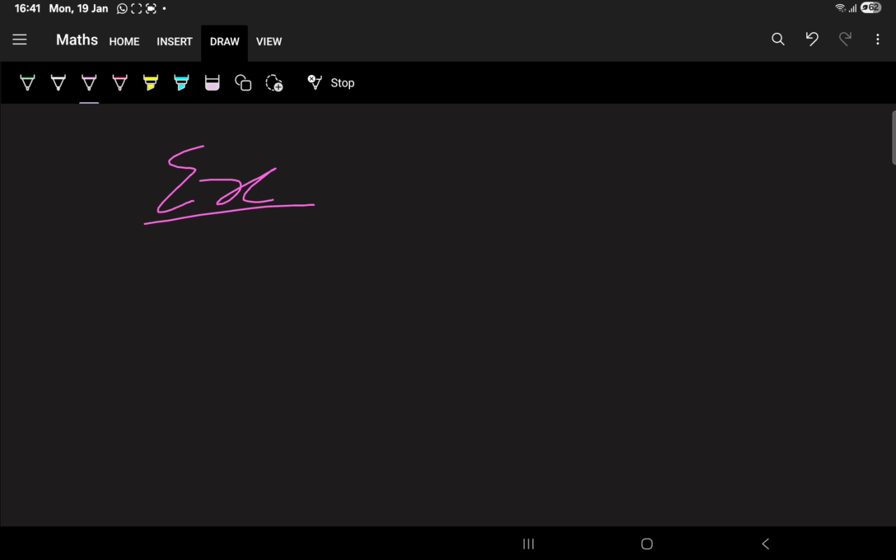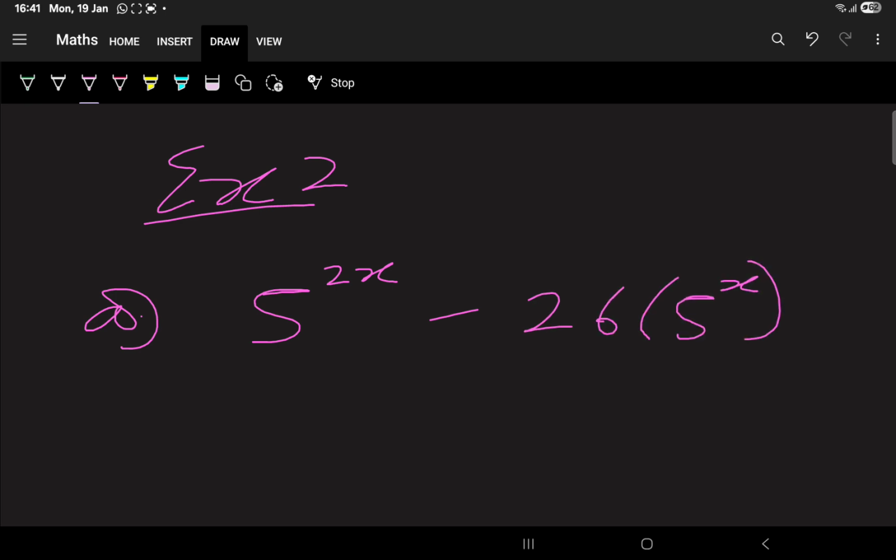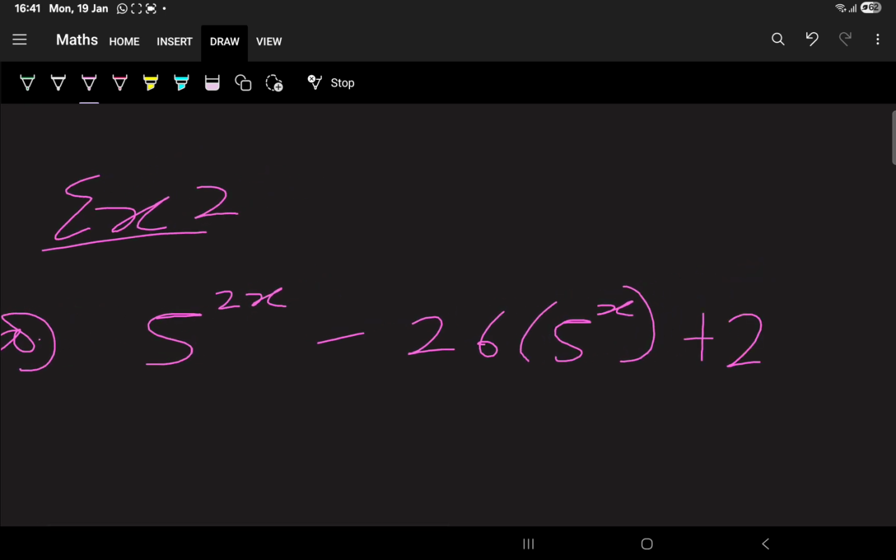Once you understand the basic concepts and the laws, and you apply them step by step, I promise you, you realize it's easier than it appears. Now let's take this example. 5 raised to the power of 2x minus 26 open bracket 5 raised to the power of x close bracket plus 25 equals 0.